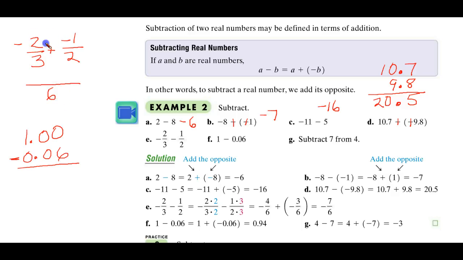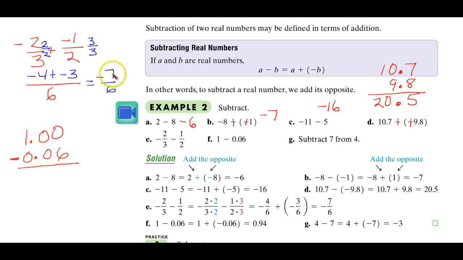Here it will be 2 over 2. Here it will be 3 over 3. So our denominators become a 6. This is a negative 4 plus a negative 3 gives you, since they're the same signs, a negative 7 over 6.